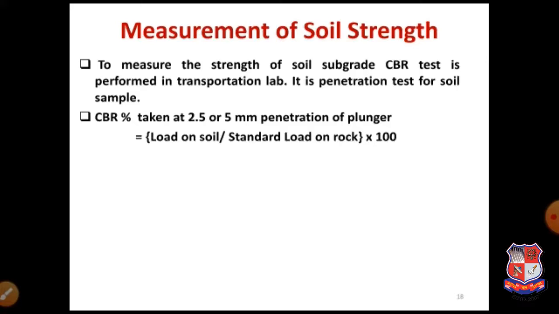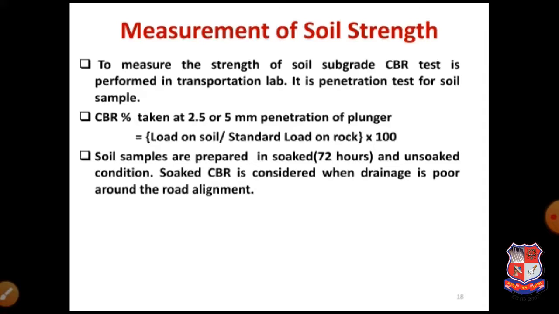CBR percentage is equal to the load on soil divided by the standard load on rock, multiplied by 100. Soil samples are prepared in soaked conditions, 72-hour soaking, and unsoaked conditions. Soaked CBR is considered when drainage is poor around the road alignment.